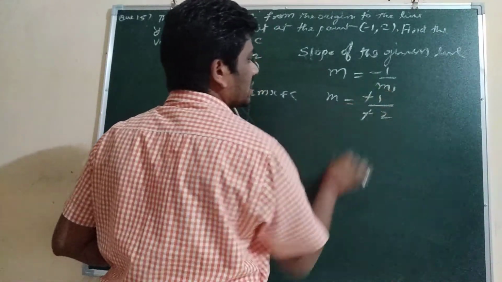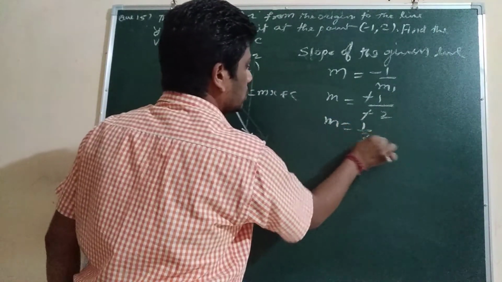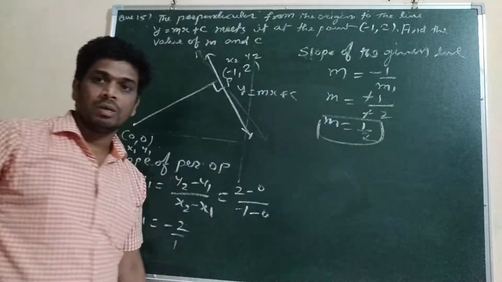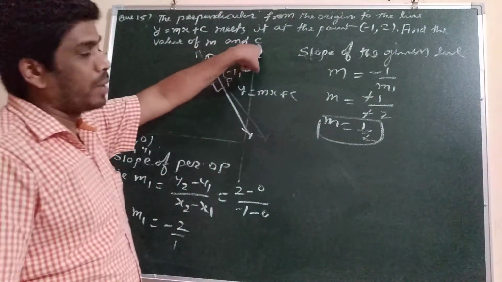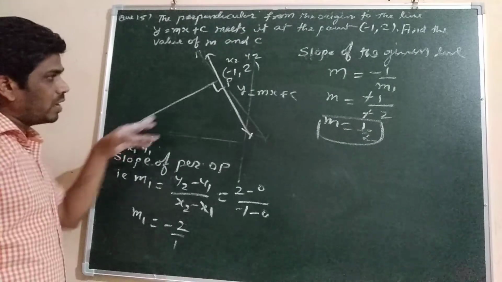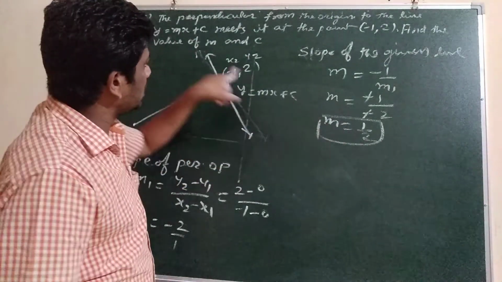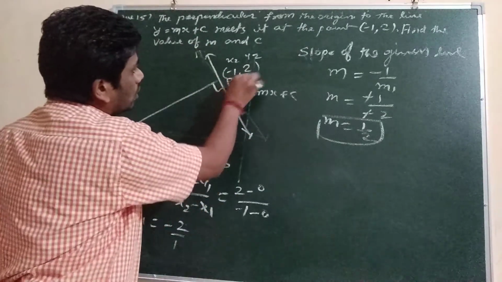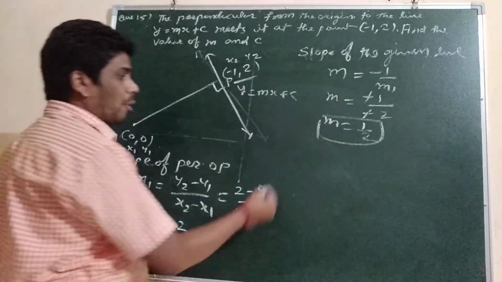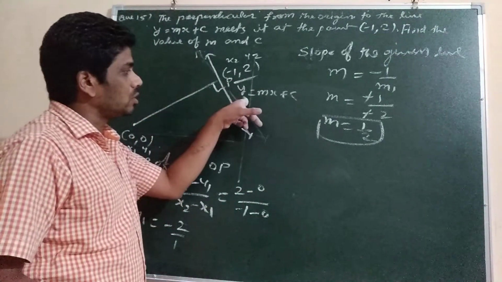So minus minus cancel, so it will be m equal to 1 upon 2. M we got. Now the c also we have to find. The slope of the line we have, and this line is also passing through minus 1, 2. So point slope form we can use and we can find the equation of this line.